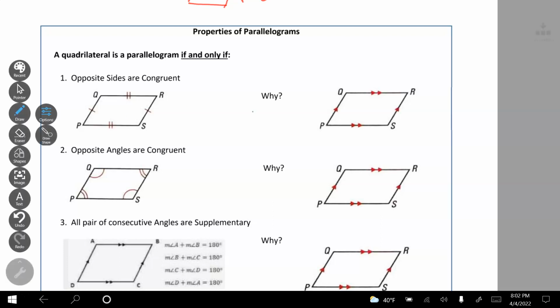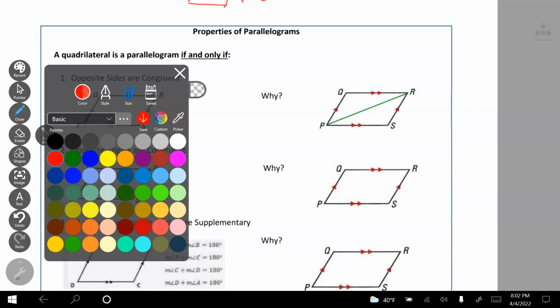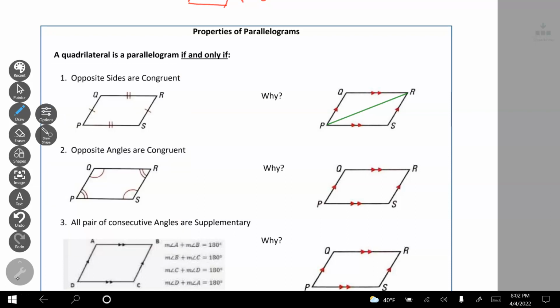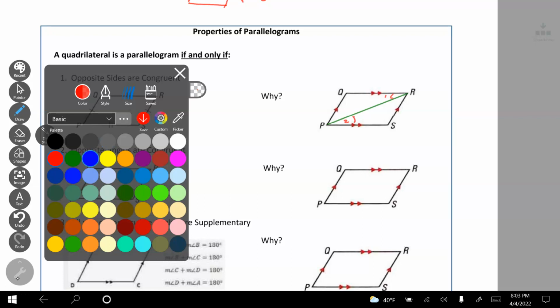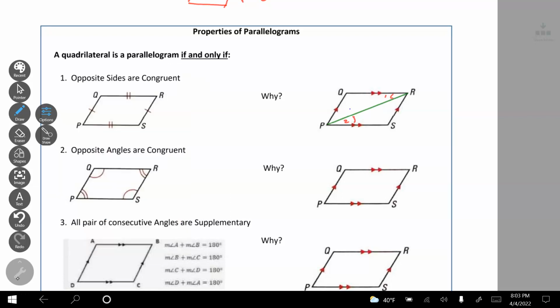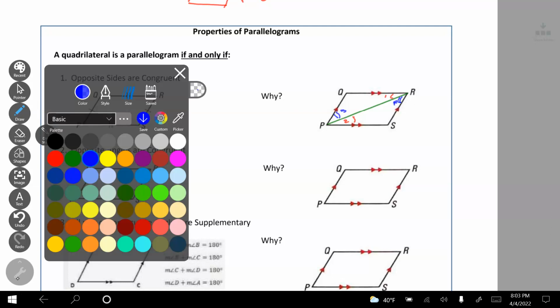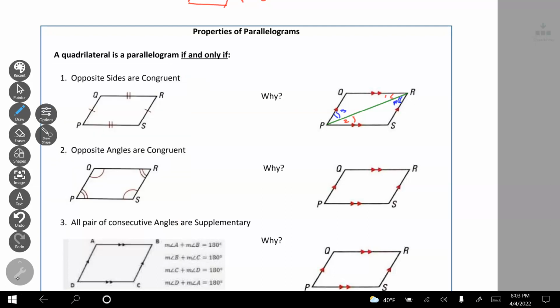So if I draw a diagonal here, I can split this up into, by AIA, angle 1 and angle 2 are congruent, and also angle 3 and angle 4 are congruent. And I know by the reflexive property, PR is congruent to itself. By ASA, I have two congruent triangles.